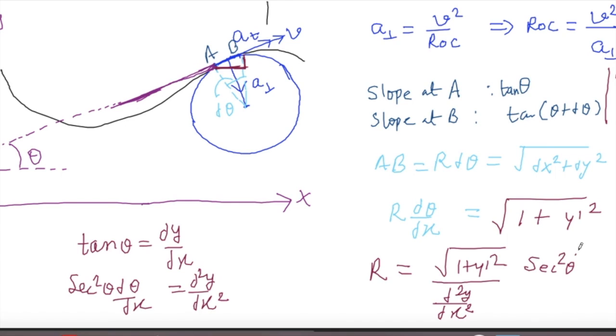So this is another 1 plus y prime square. Okay, so this is your famous equation of radius of curvature, 1 plus y prime square to the power 3 by 2 divided by y double prime.